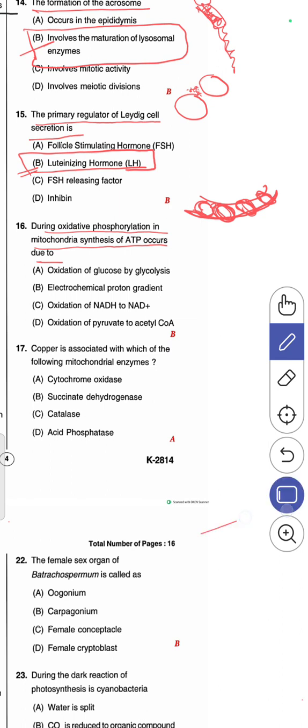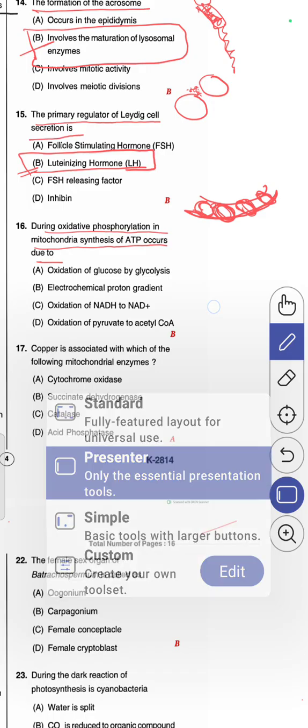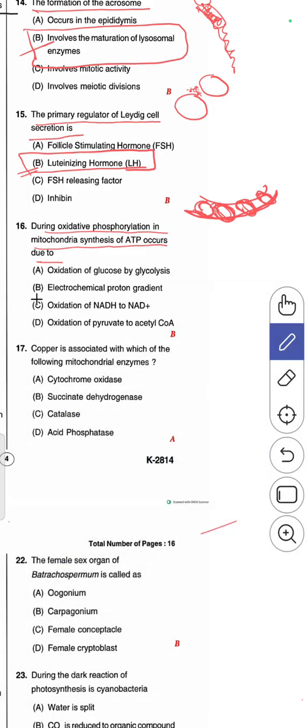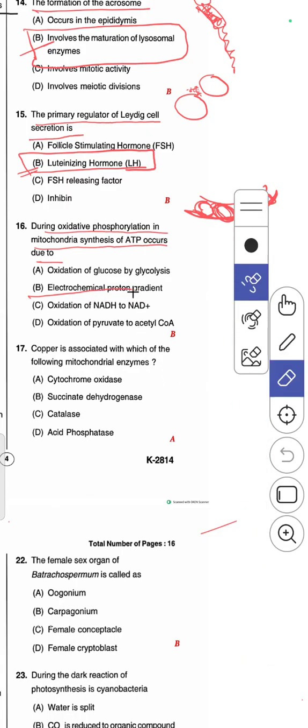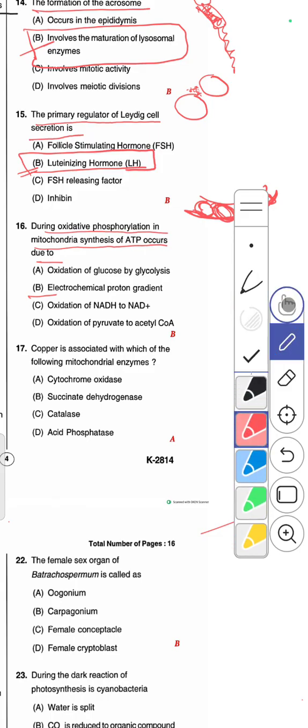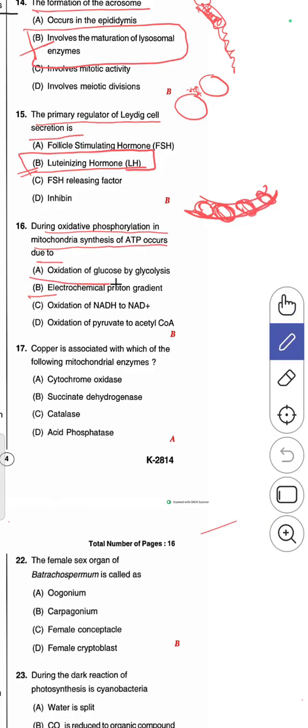So it happens because of the electrochemical proton gradient. Due to this, ATP is formed by the enzyme ATPase.